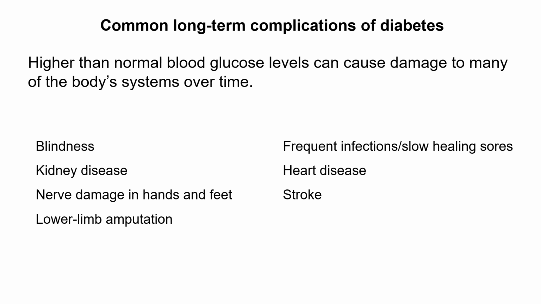And those sores can become infected, can become necrotic. And in order to limit the spread of that infection, parts of the body might need to be amputated. So it's pretty common for diabetics to lose toes, to lose feet, to lose their lower legs. And then, of course, damage to capillary beds in the heart and in the brain can dramatically increase the risk of heart disease and stroke.